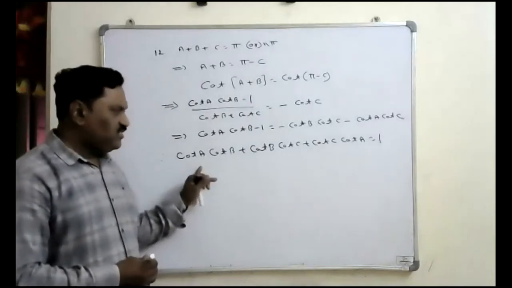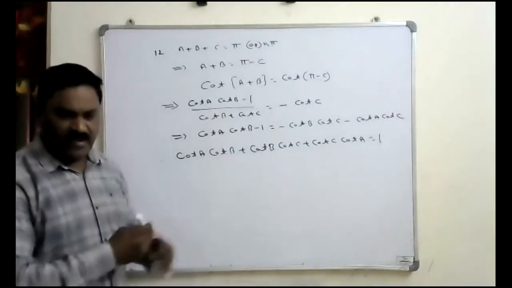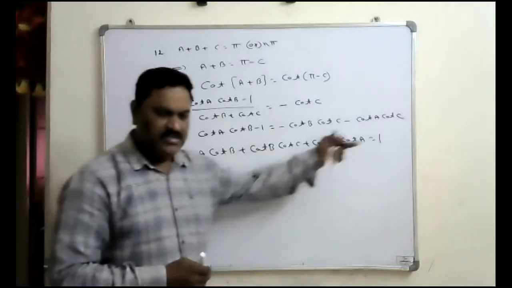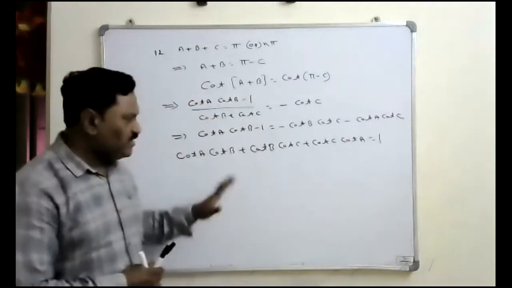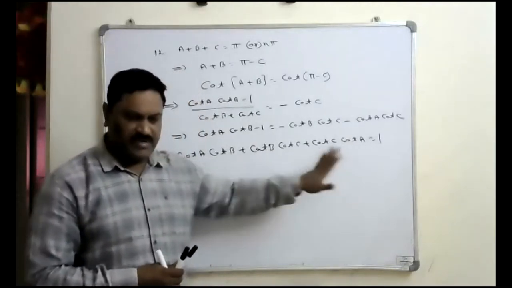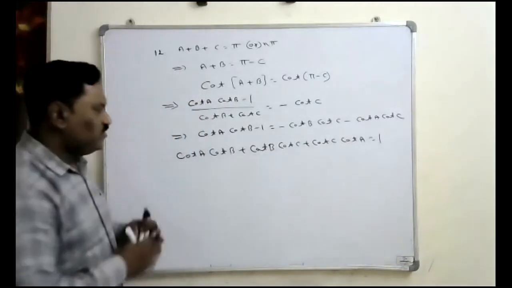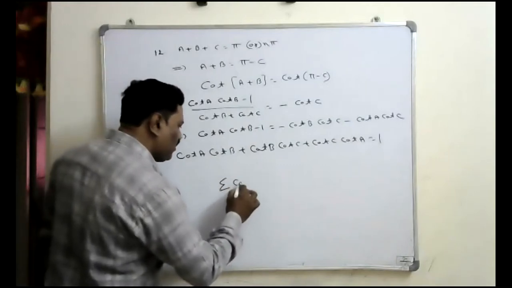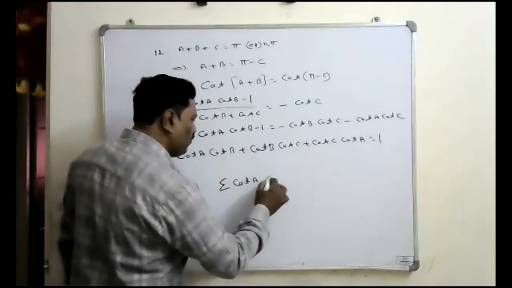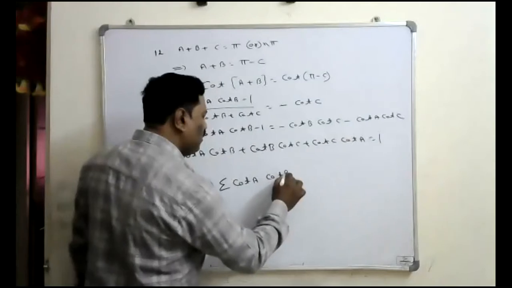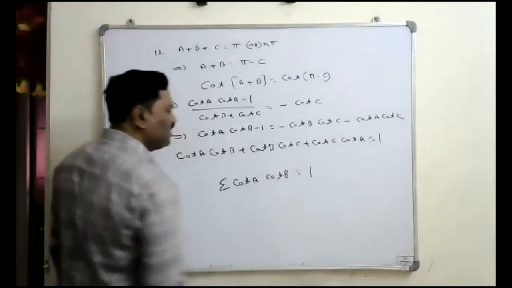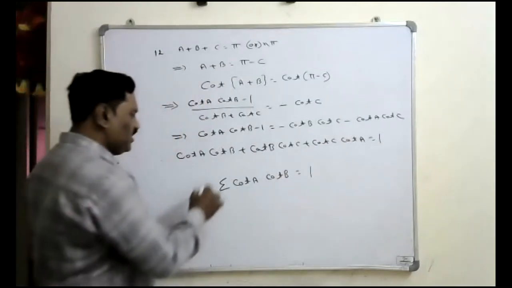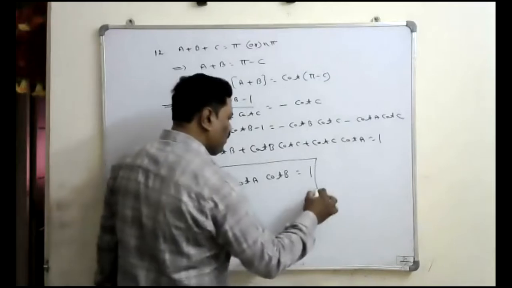Here you can observe that the terms are in cyclic order: AB, BC, CA are the angle pairs. Whenever you find the sum of the terms in cyclic order, you can represent all those terms in sigma format, so we can simply write sigma cot A cot B.